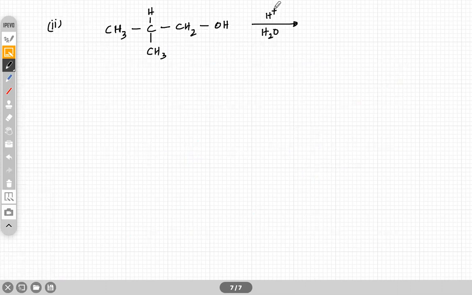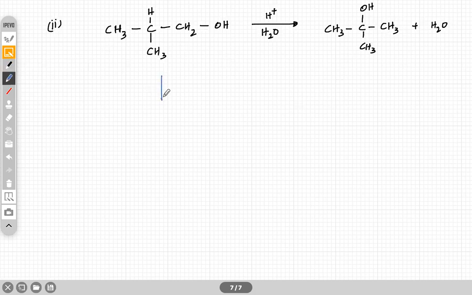H plus means acid here. Then I'll write down the product, and then I'll show you the mechanism. The product we get is CH3, CH3, here we get CH3 and here we get OH, plus we'll have the H2O molecule. Now, see how the reaction proceeds.